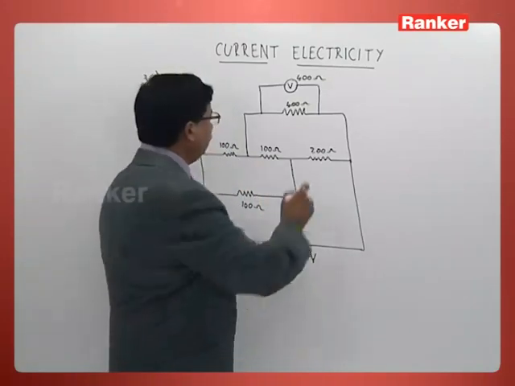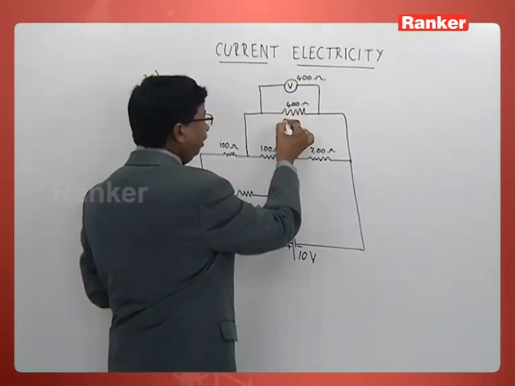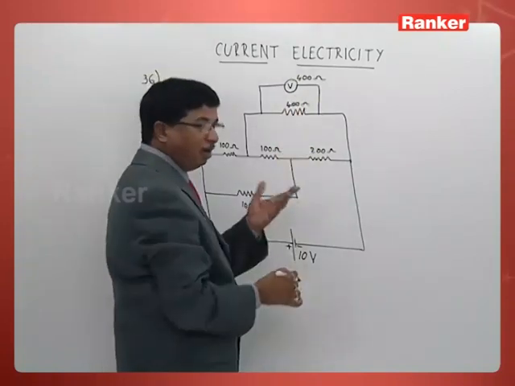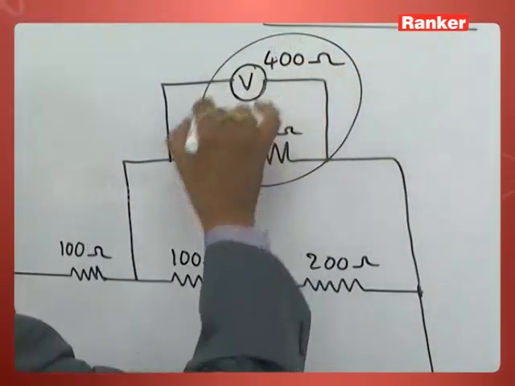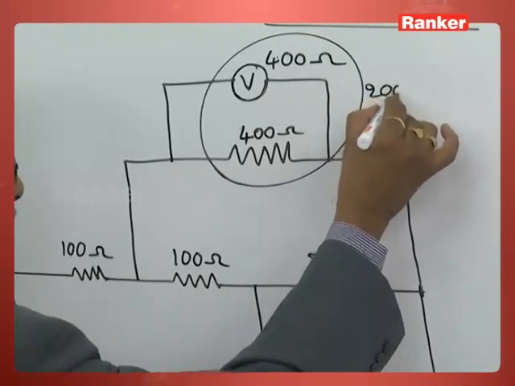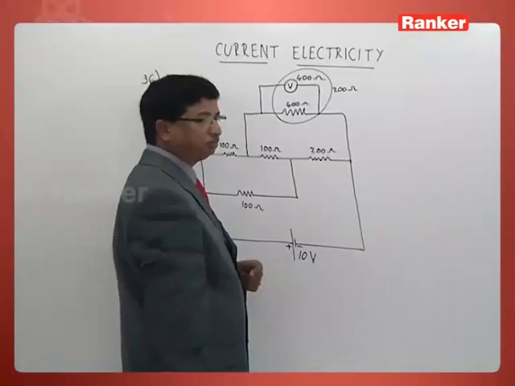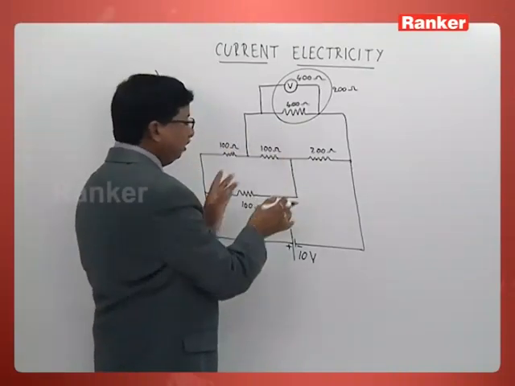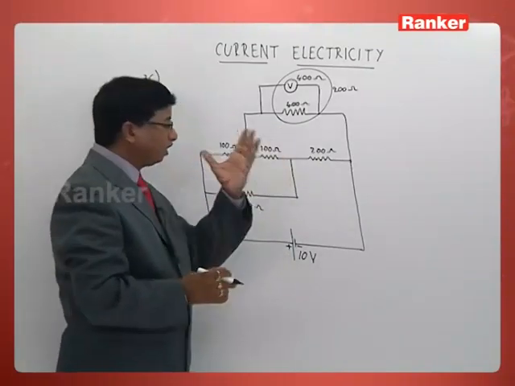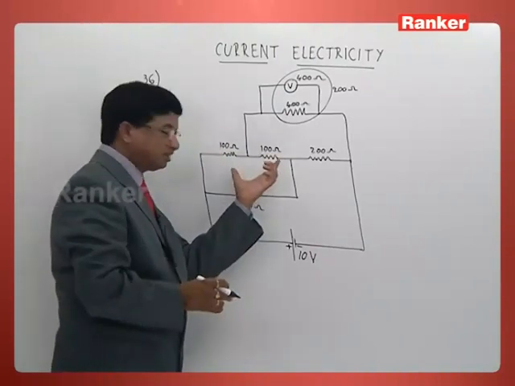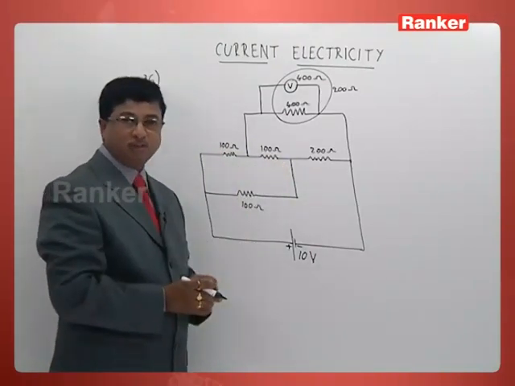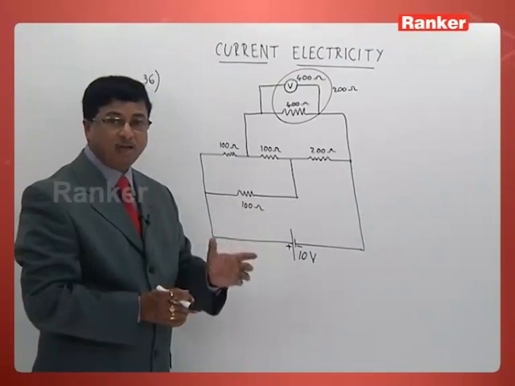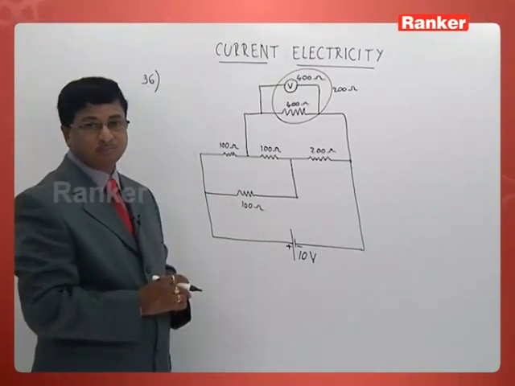So when this 400 and 400 are both in parallel, the effective resistance would be simply 200 ohm. If you recollect the Wheatstone bridge and compare it with this, you will come to know that this is a replica of that Wheatstone bridge.